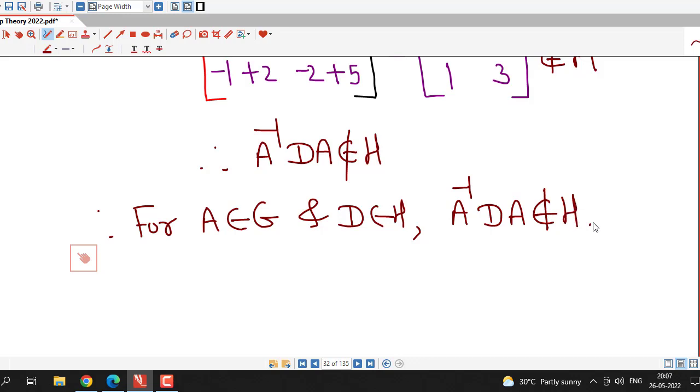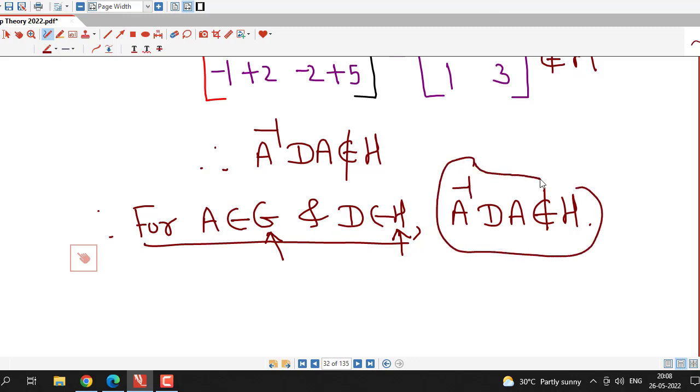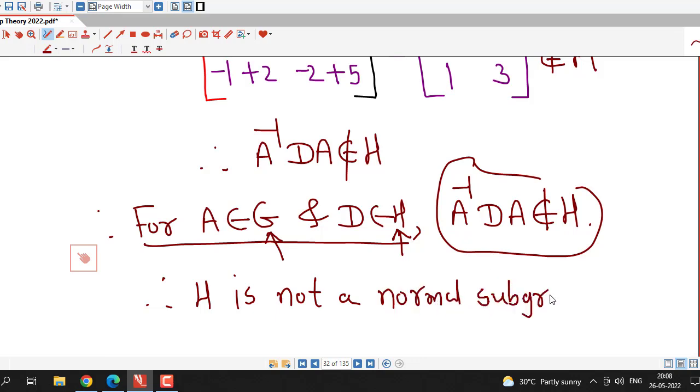If H is a normal subgroup, this must be true for every element of group G and every element of subgroup H, and we have obtained matrices A and D for which this condition is not satisfied. Therefore we can say that H is not a normal subgroup of the given group G.